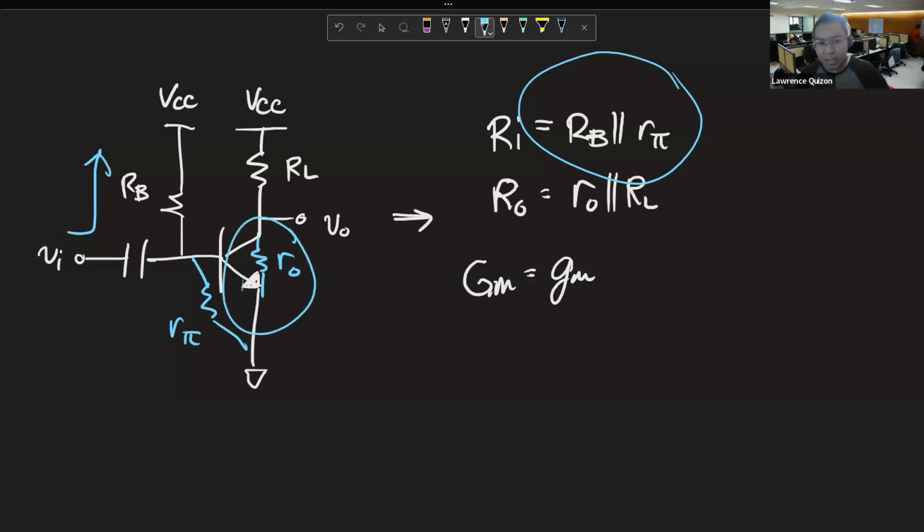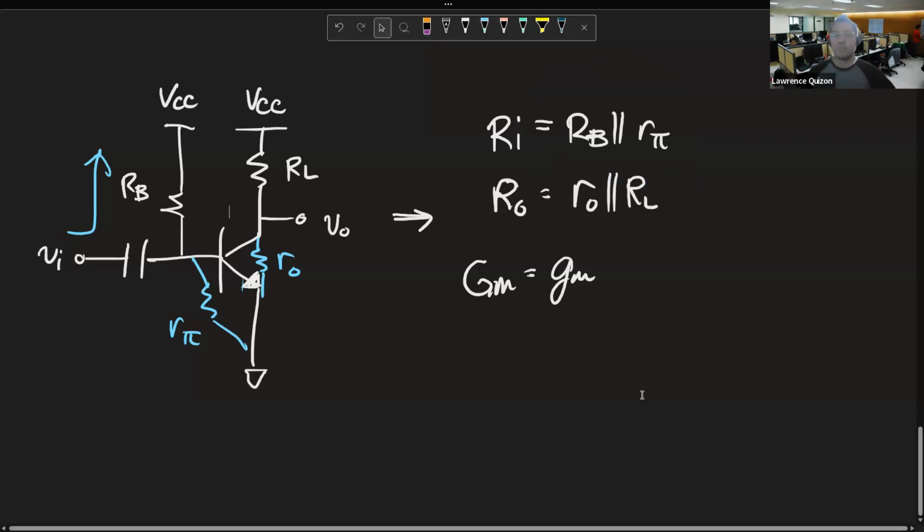Because you could look at what the output node sees. Like, you could see that it sees a resistor, or it could even see another transistor on top, in which case R out parallel R out comes out. So this is something that you could develop over time.